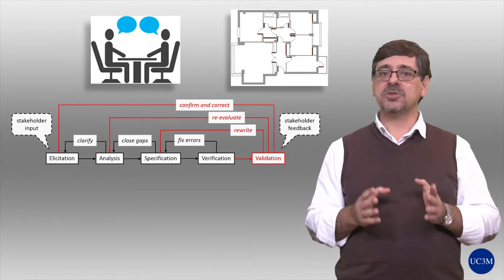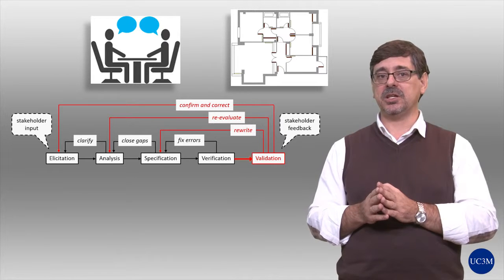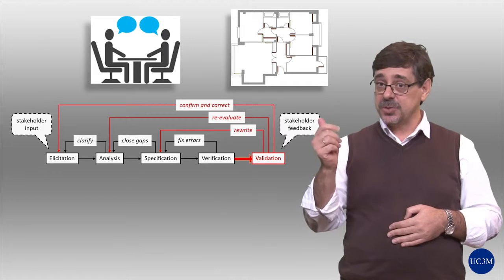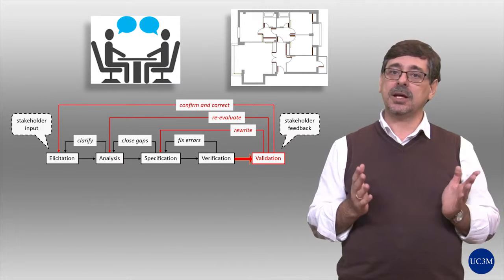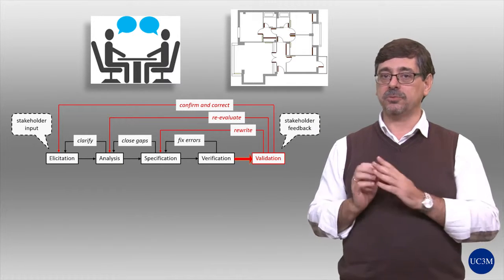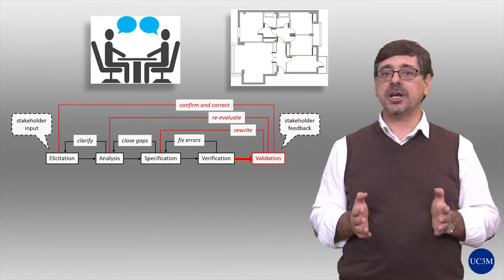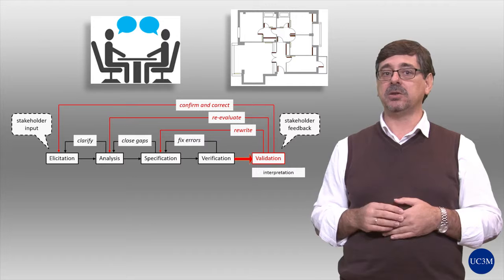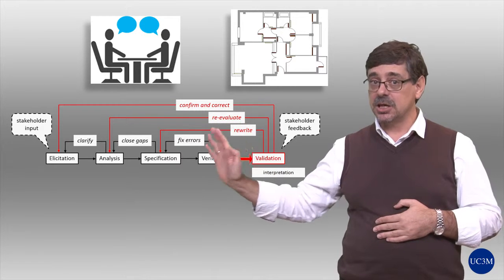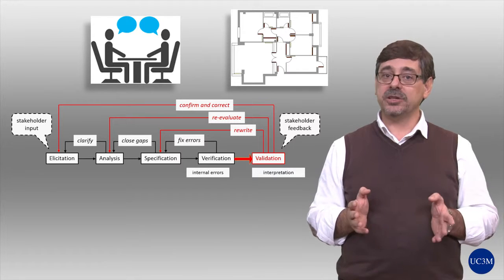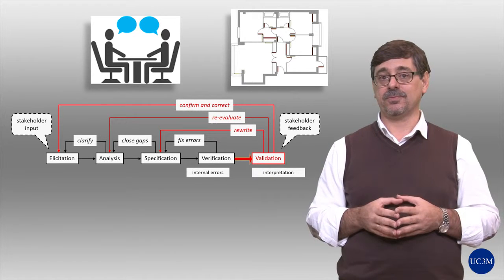Requirements validation comes after requirements verification, since stakeholder involvement is typically very expensive, and we want to avoid attempts to validate ill-formed requirements. Requirements validation assures only a correct interpretation by stakeholders, but not the absence of internal errors. The stakeholders might be contradictory themselves.